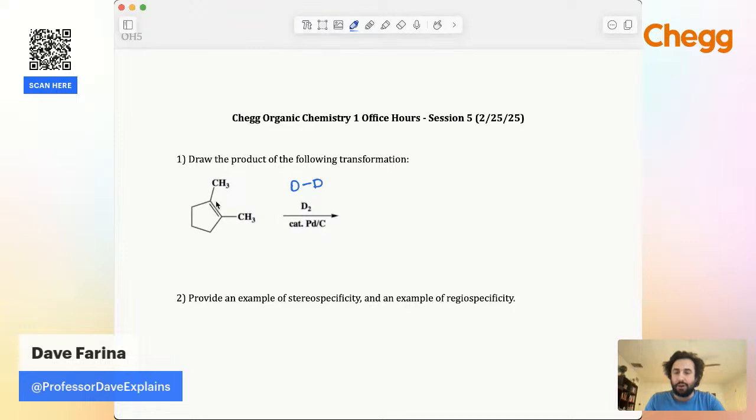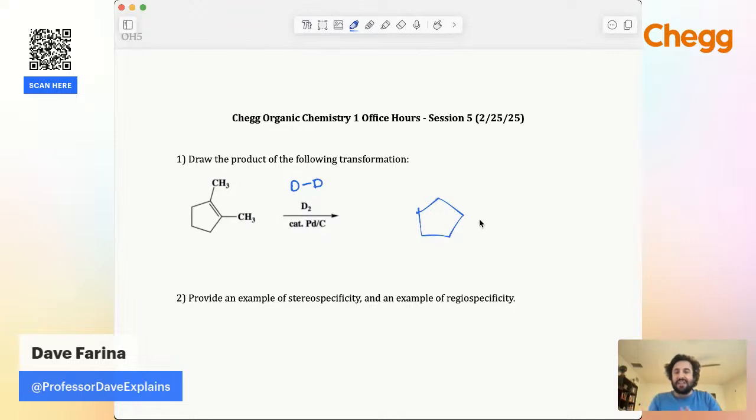So these are trigonal planar. This part of the molecule is flat. And so when it approaches, we'll get those two deuteriums on there, and they'll be added to the same side. And then there'll be sp3 centers there. So if it is syn, what that means is that they must be on the same side on the product.